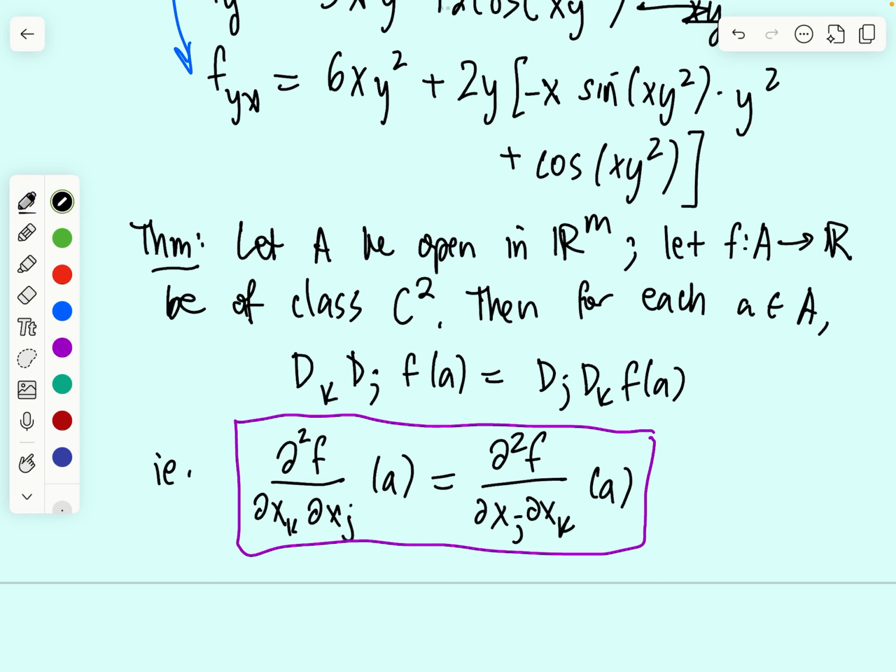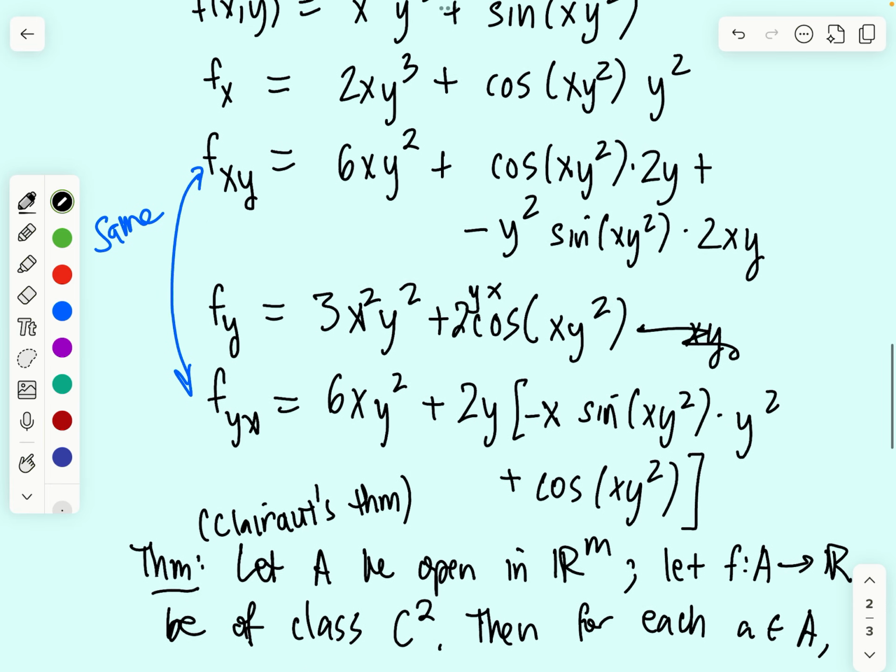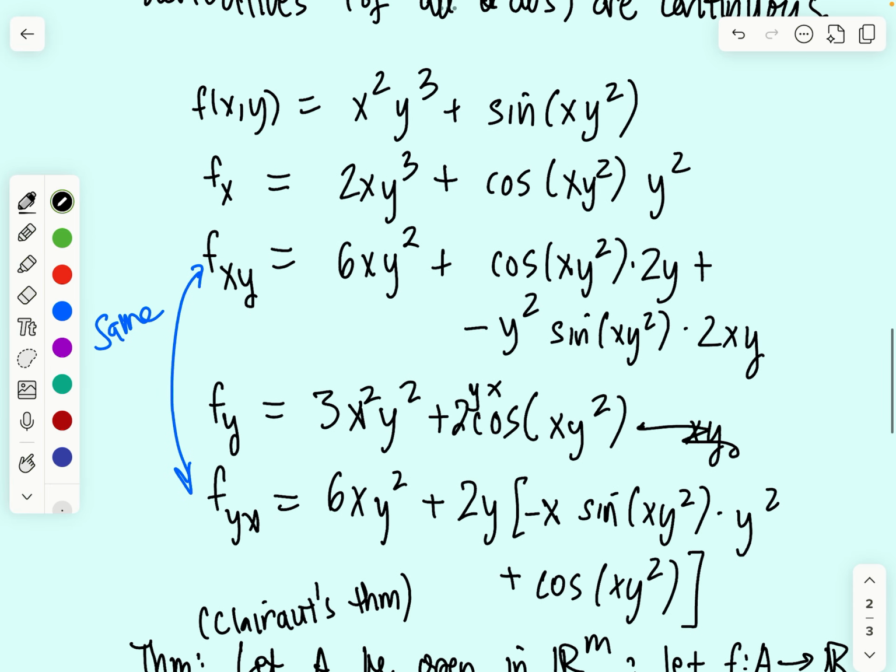So this theorem is sometimes called Clairaut's theorem. And the example that I gave above is an example of this theorem.